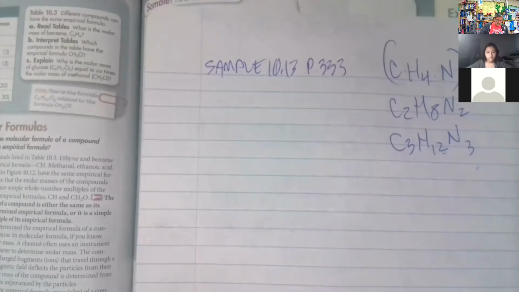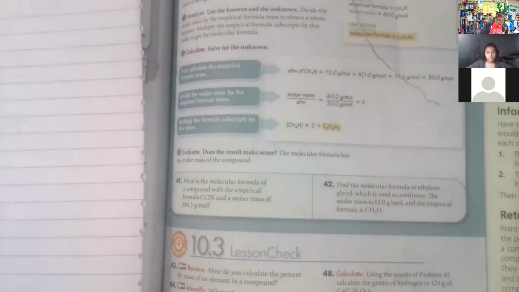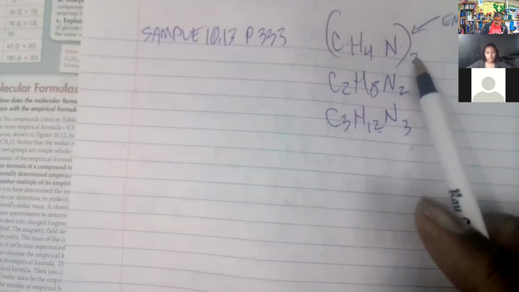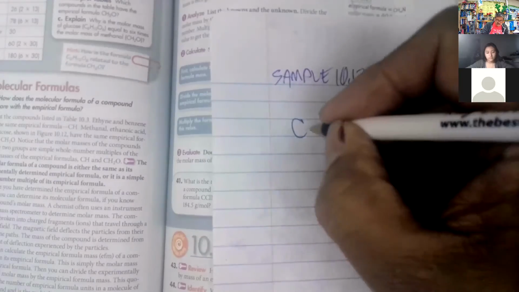All right, so here's what we got to do to figure this one out. So over here it says you're going to calculate the empirical formula mass. There's the empirical formula without the 2 there. So we take C, H4, and N. You have 1 C, and that's at 12.